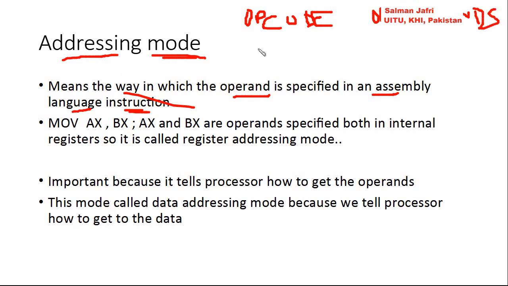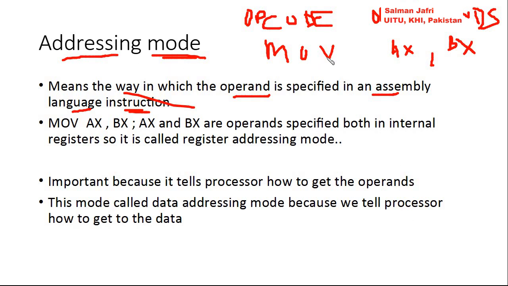For example, if we have MOV AX, BX, MOV is the opcode and AX and BX are the operands of this instruction. However we specify the operand or data of the instruction, this is termed an addressing mode.